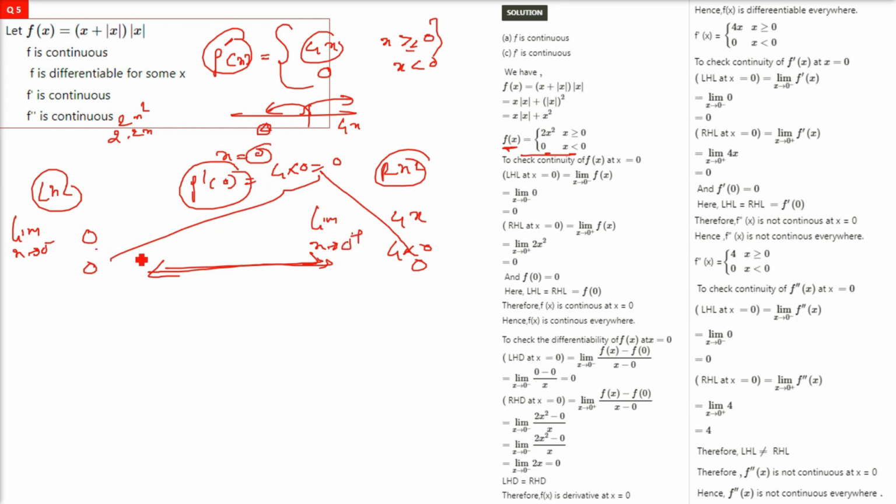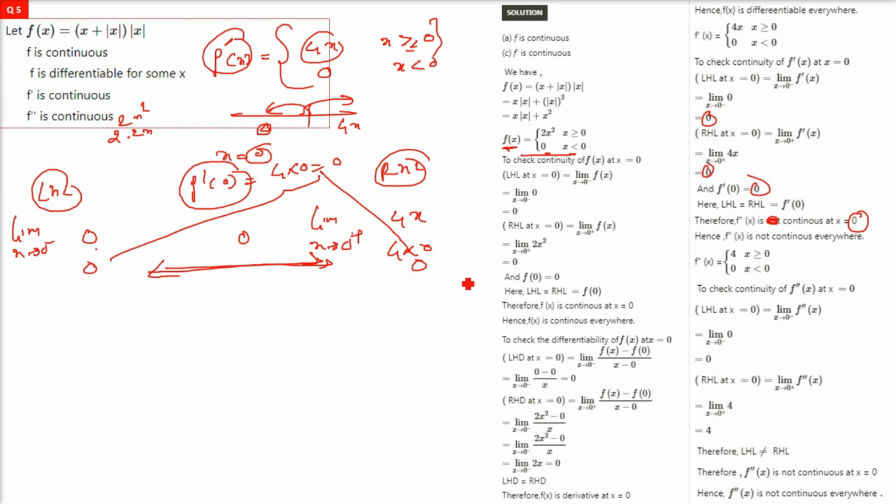Right? I hope you got the idea. Now we are not stopping here. We have to do it for f double dash also. So f dash x, this is continuous. There may be some mistakes here and there, so you just have to forgive me for that. So this is continuous at x equal to 0.